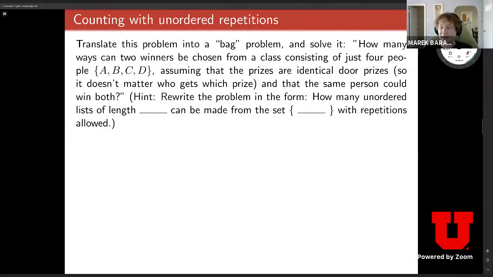Okay, so now we're doing a bag problem that says, how many ways can 2 winners be chosen from a class consisting of just 4 people named A, B, C, and D?